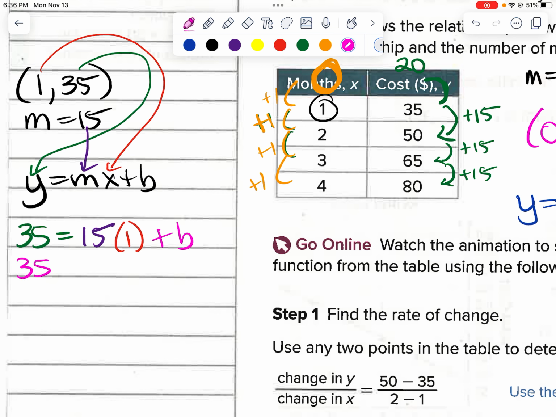So 35 equals 15 plus b. If I subtract 15 from both sides, I get 20 is equal to b.